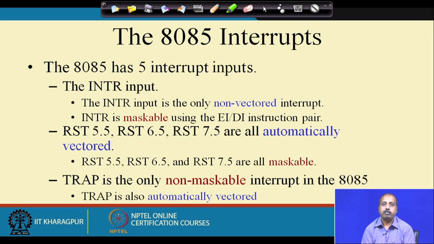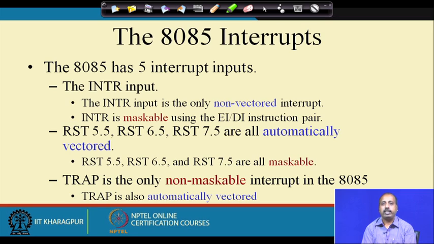Whereas, there is another interrupt pin known as trap, and this is the only non-maskable interrupt in 8085, and it is also a vectored interrupt. The ISR address for trap is known and it is non-maskable.